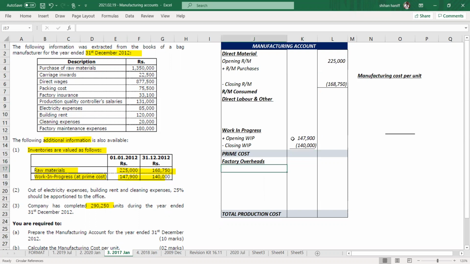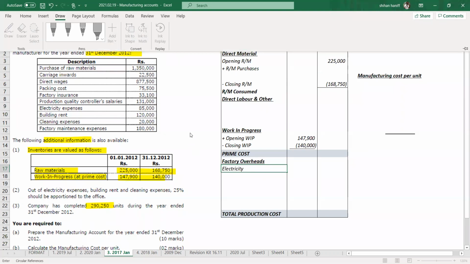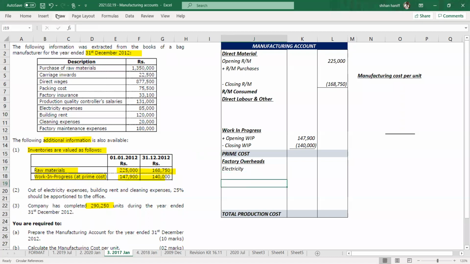Electricity, building rent, cleaning expense. 75% is for the factory because 25% goes to the office.